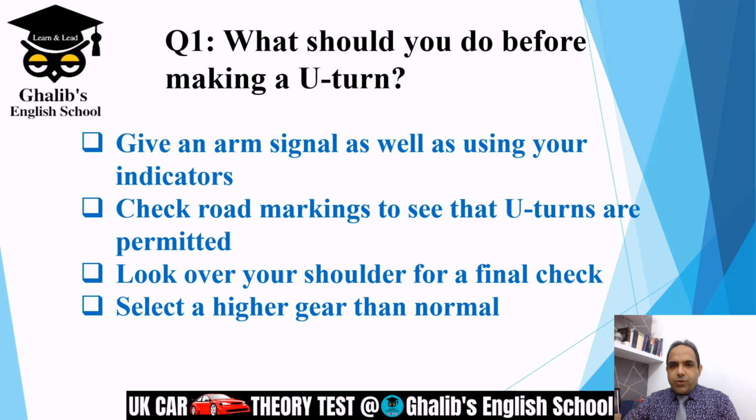So here we go, guys. Question number 1. What should you do before making a U-turn? Let's say you are driving on a road and you want to take a U-turn, to go all the way back. Give an arm signal as well as using your indicator. Check road markings to see that U-turns are permitted. Look over your shoulder for a final check.